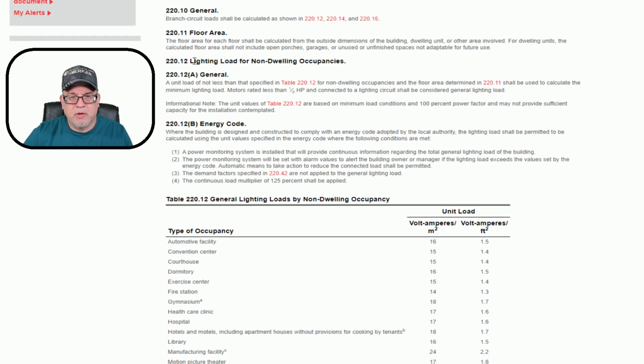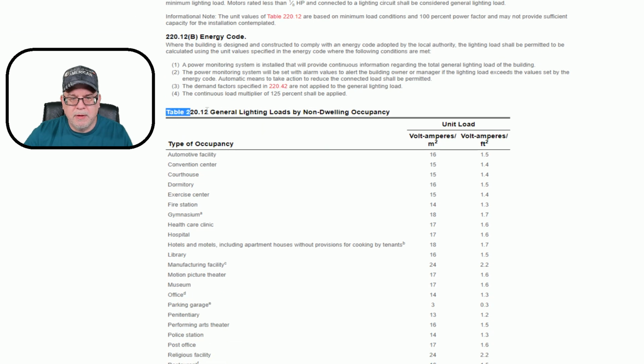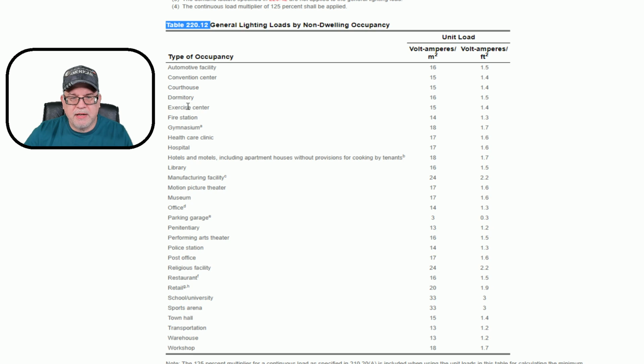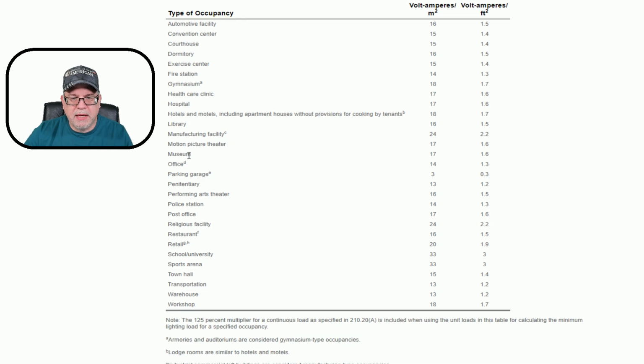So we're talking about the general lighting loads and we already read this before in the other questions. So we're just going to go right to the table. We're going to work on our general lighting first here. And as we go down here, we're going to see what we got to focus on in this list. Which one do we got to use?